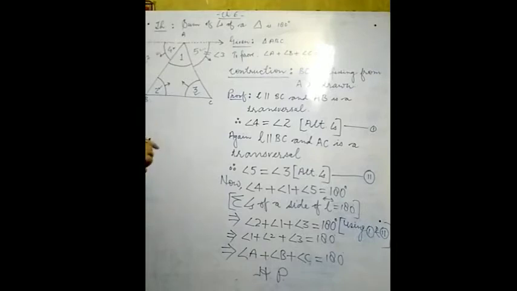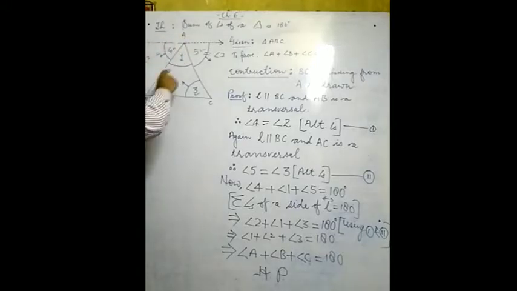So we can arrange it. Firstly we have to note down angle 1 plus angle 2 plus angle 3 equals 180 degrees. Now we have to locate the positions of angle 1, angle 2 and angle 3. Angle 1 is indicating angle A, angle 2 is indicating angle B, angle 3 is indicating angle C. So in the place of angle 1 what can be noted down?